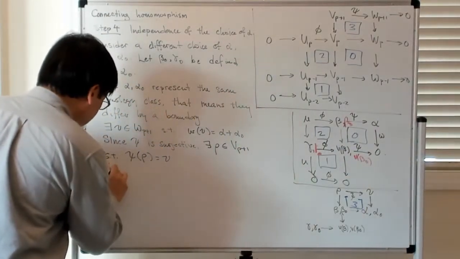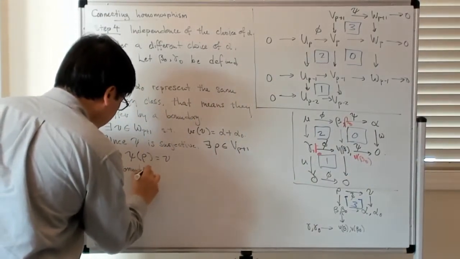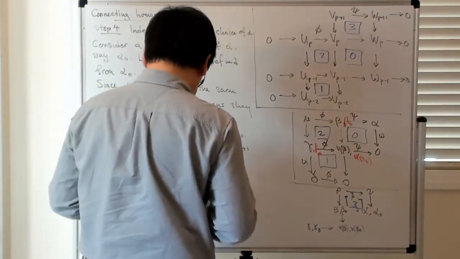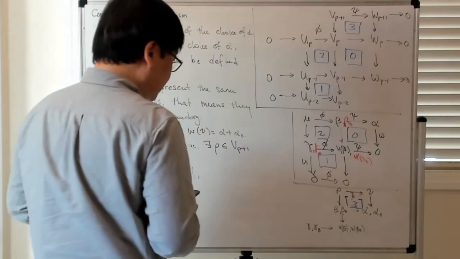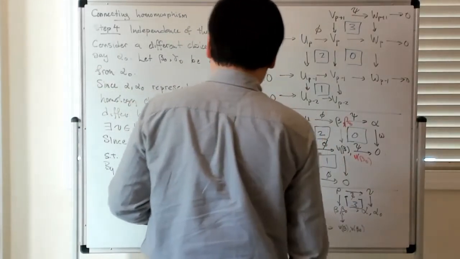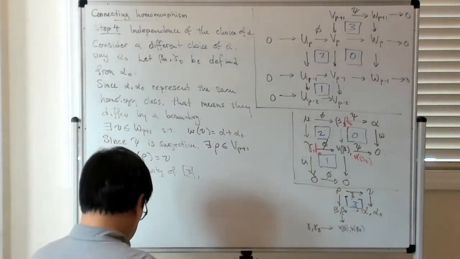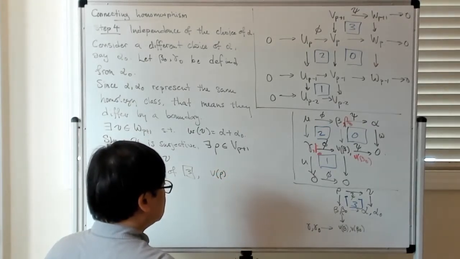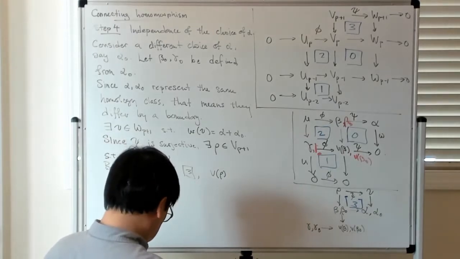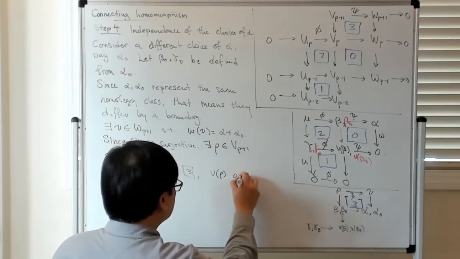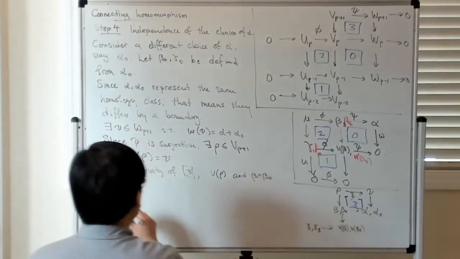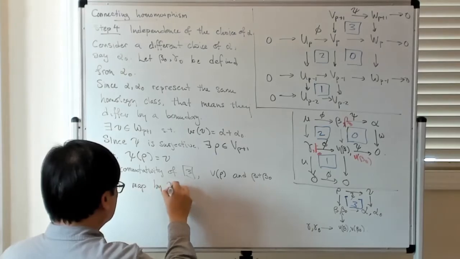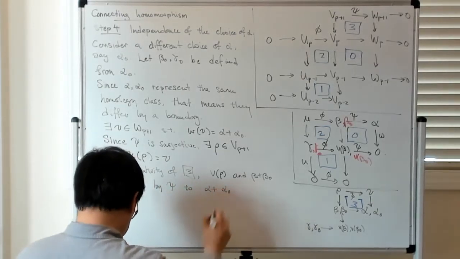So by commutativity of box 3, what has to happen is that V rho and beta plus beta 0 both map by psi to alpha plus alpha 0.